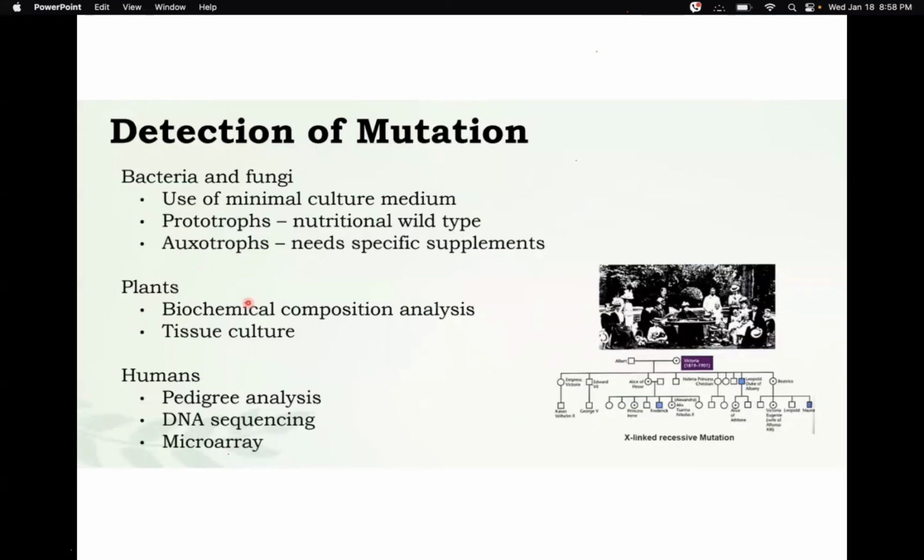So, how will we be able to detect mutation? So, for your bacteria and your fungi, we use minimal culture medium, prototrophs, and auxotrophs. So, in the laboratory or in the diagnostics field, we have certain machines that can detect mutations or yung mga resistance markers, for example. So, as we all know, very rampant nga po ang tinatawag natin na antimicrobial resistance.